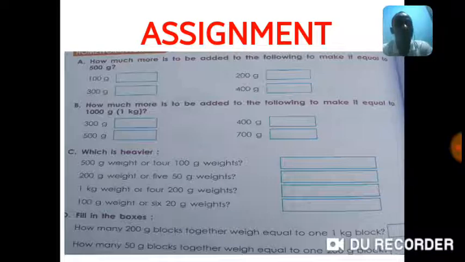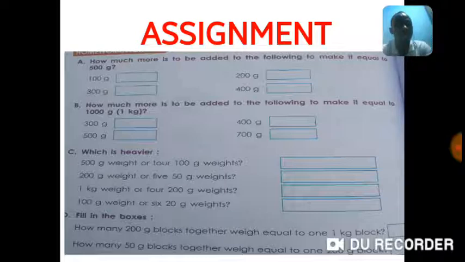Now C, which is heavier? We are comparing these weights in grams. 500 grams weight or 400 grams weight. 200 grams weight or 550 grams weight.